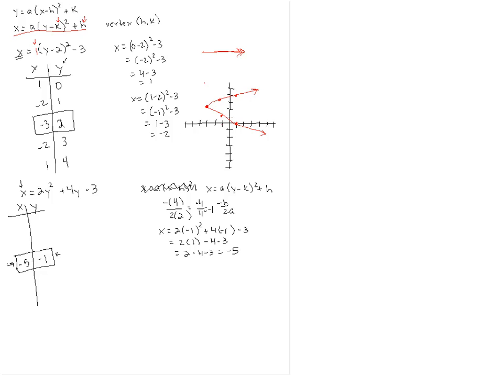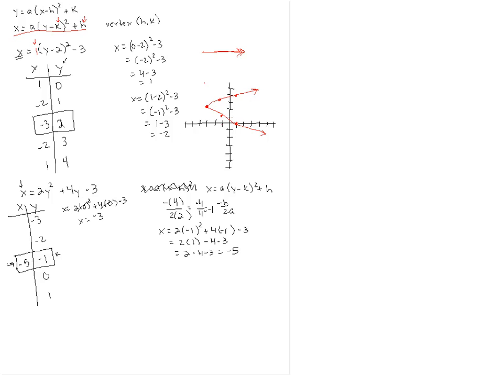Now, not on this side, we're on the y side now. So negative 1, negative 2, negative 3, 0, and 1. 0 is going to be the easiest number to plug in. Watch. 2 times 0 squared plus 4 times 0 minus 3 is just negative 3, because 0 is gone.